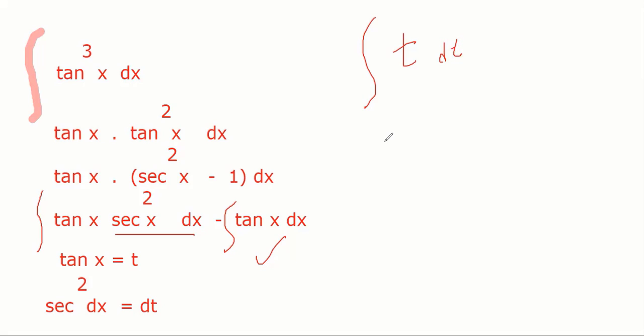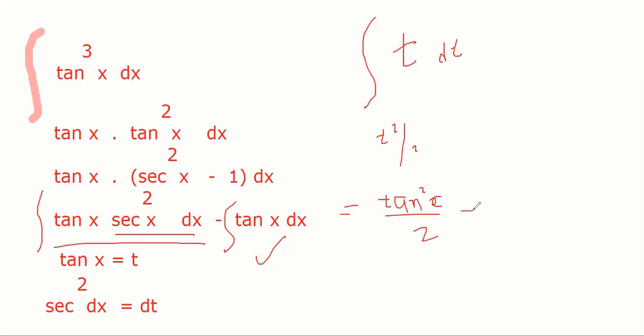Integration of t dt is t square by 2 plus c. Right, everybody? So the final answer, my t was tan x, so I'll write tan square x by 2, because t is tan x. This is this part.